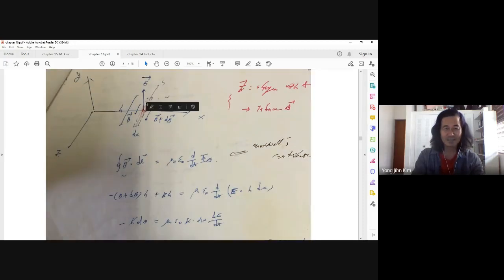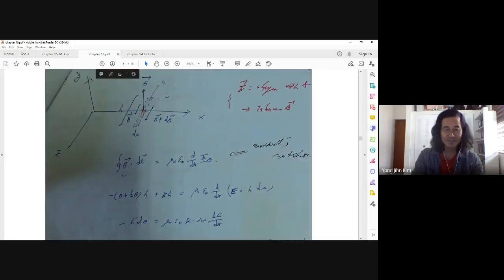So the electric flux through this strip is changing. And Maxwell found that the electric flux change rate through this strip also produces a magnetic field. So I apply Ampere's law modified by Maxwell to this curve.